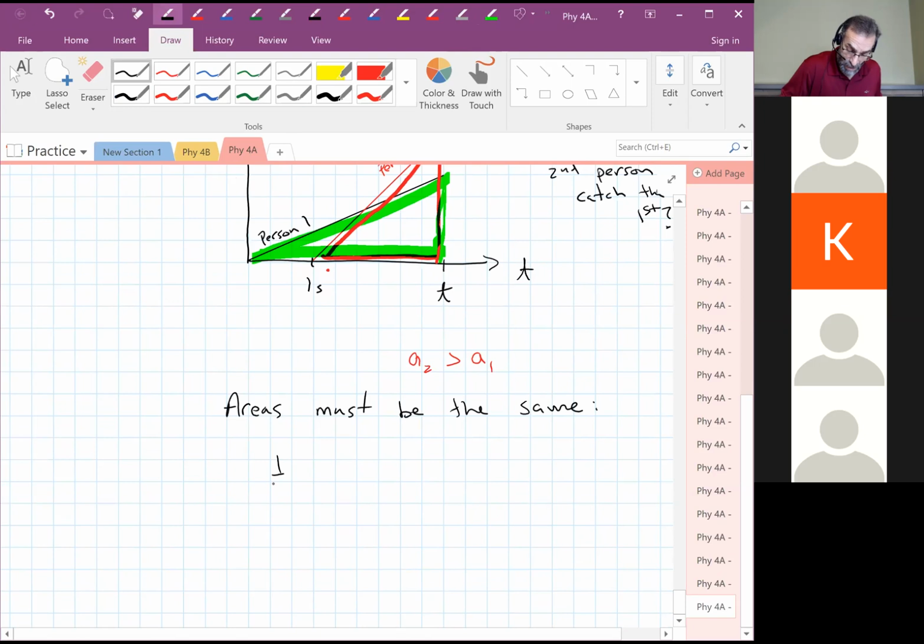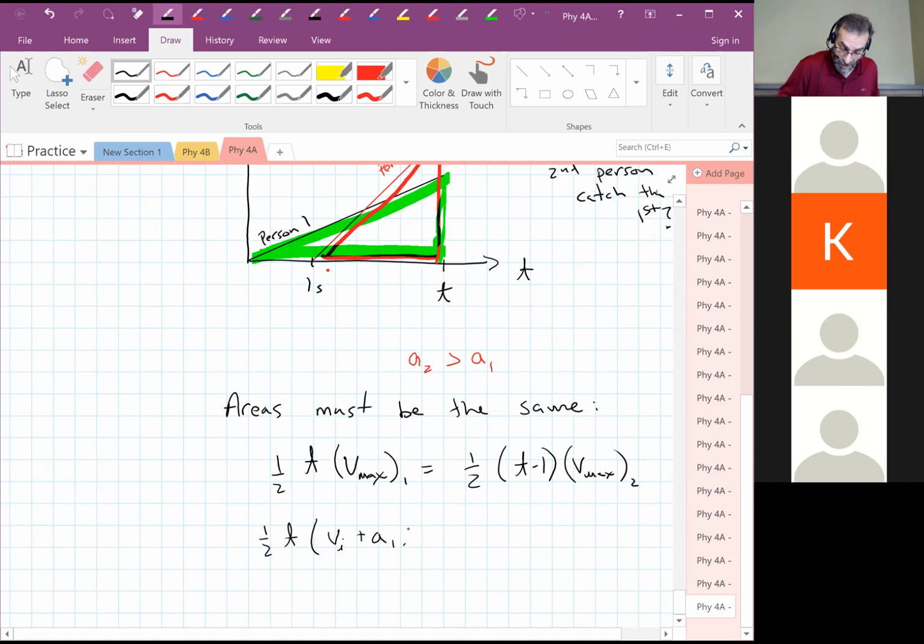You know that 1/2 t times v max for person one has to equal 1/2 t minus 1 times v max for person two, and then we could plug in for the v maximum. We could solve for that using, I think the accelerations were given.